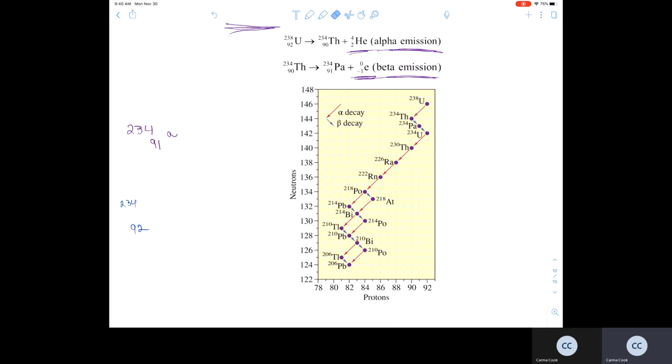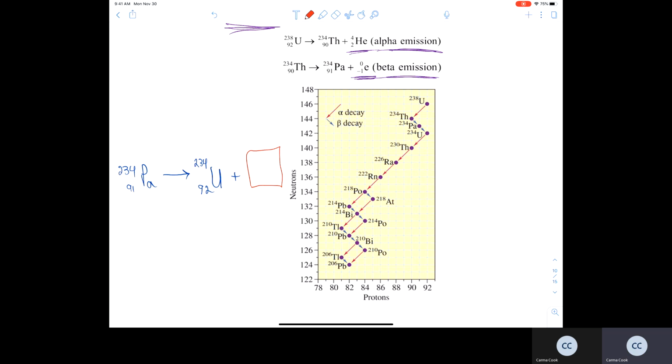And so it may make more sense if I write it the other way. So if it decays to uranium-234, uranium is atomic number 92. Then the question is, what is the other product? So again, we remember that the sum of the superscripts must be the same on the left-hand and on the right-hand side.